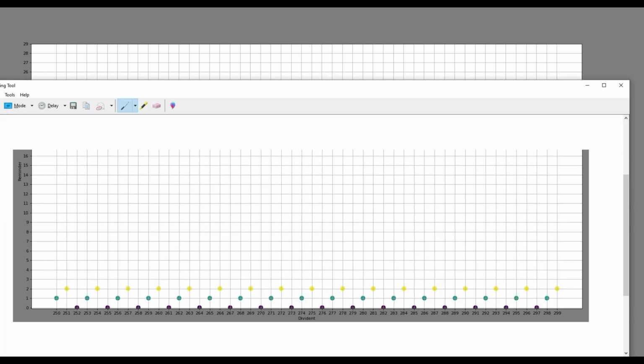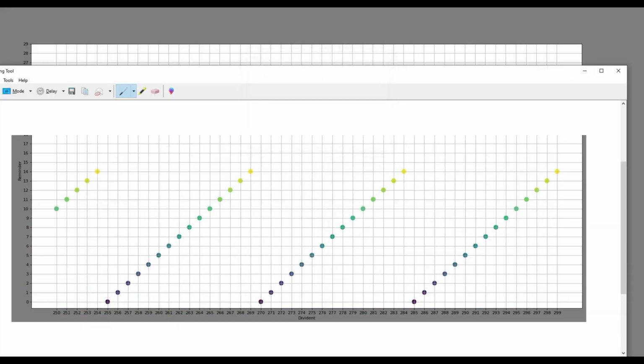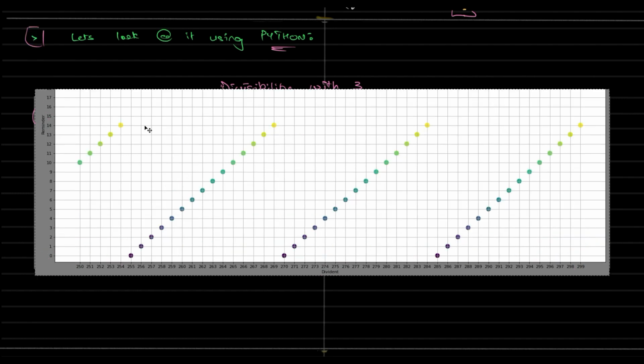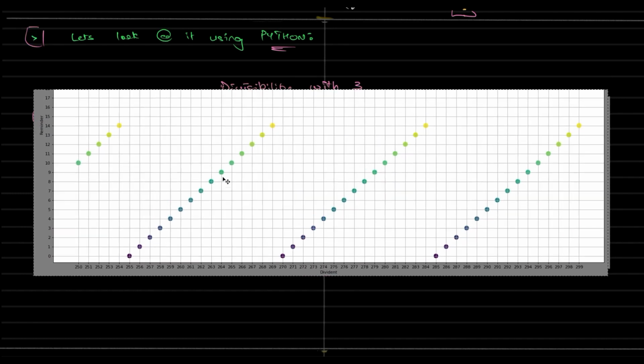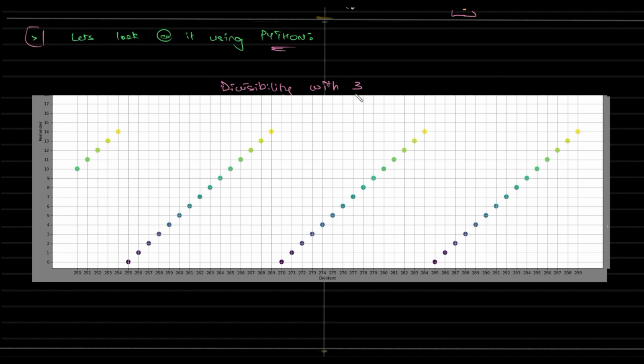Make sense? So here we're looking at divisibility with 15, so we are dividing with 15.